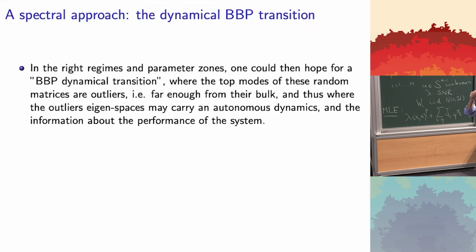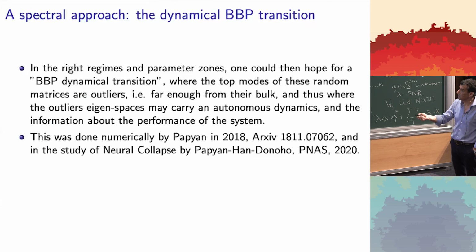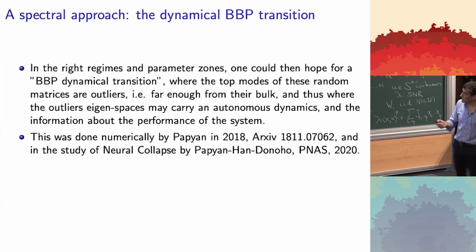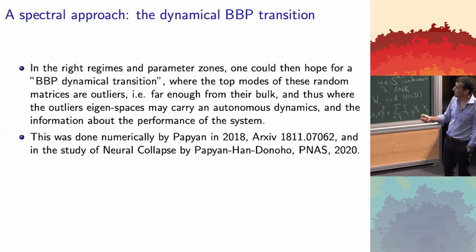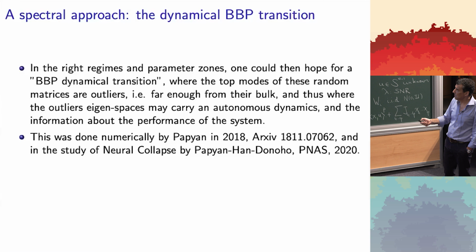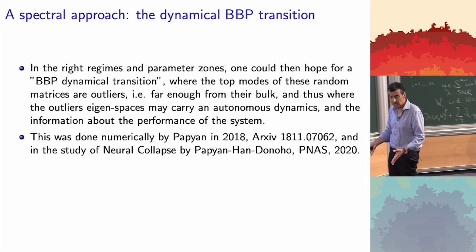So in the right regime, a wide parameter zone, you can hope for a BBP dynamical transition where you have outliers. This is what I just said. This was done numerically by Papyan seven years ago. He was a student of David Donoho. And then they wrote a paper together called Neural Collapse on the numerics of that, on seeing this spectrum.